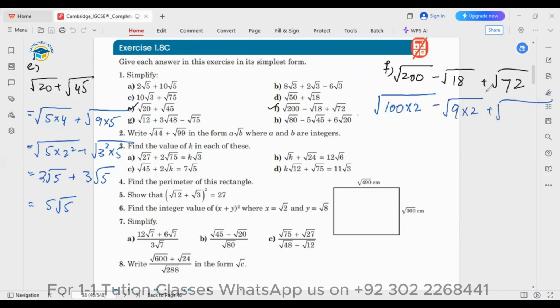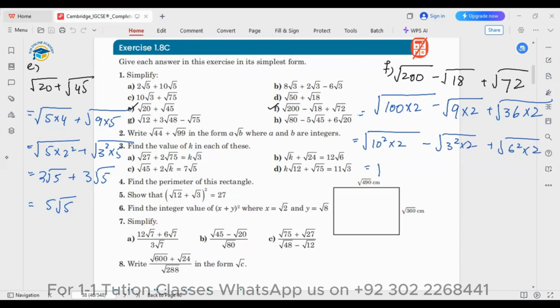And 72 as well can be divisible like 6 times 12 along with that times 2. All of these numbers are having one prime factor as 2 and all the other numbers as squares. Okay, so we can make them all in the square of the number, like 100 is 10 square times 2, and 3 square times 2, and this will be 6 square times 2.